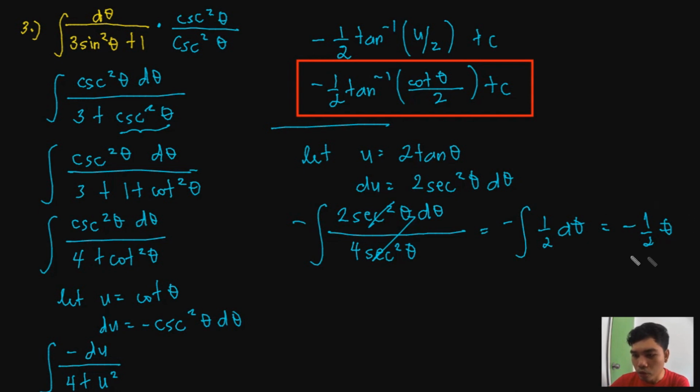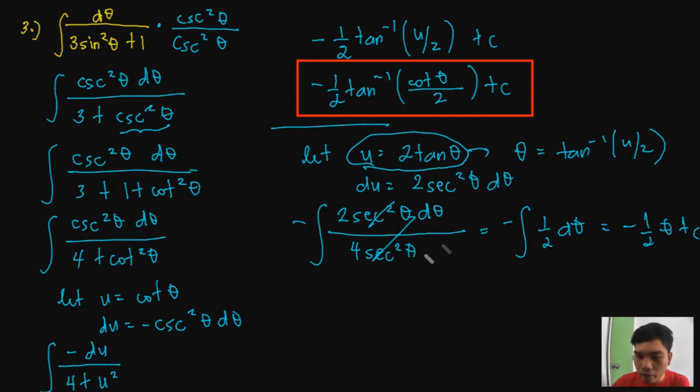Okay, so plus c. So what is this theta? It is different from our expression because of the theta. To express it in terms of u, we can take our original let u and then take the inverse of tangent, and you'll be able to get theta. So theta is equal to the inverse tangent of u over 2. Because I can divide this on both sides by 2 and then just take the inverse tangent of that.